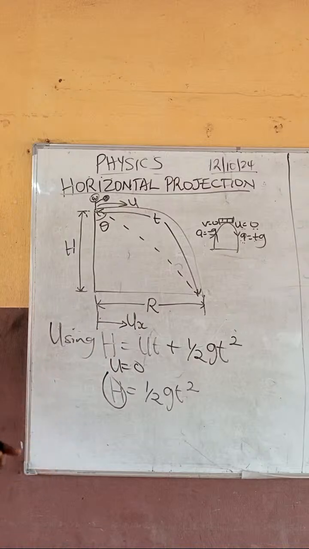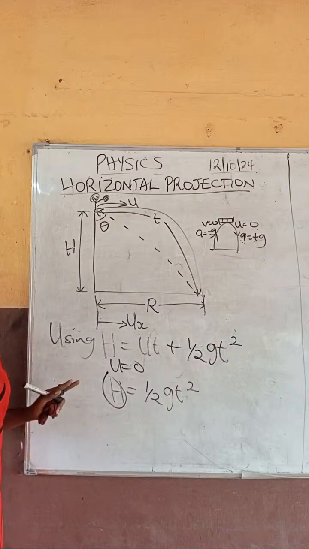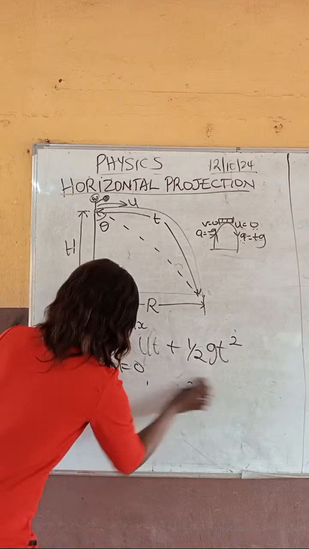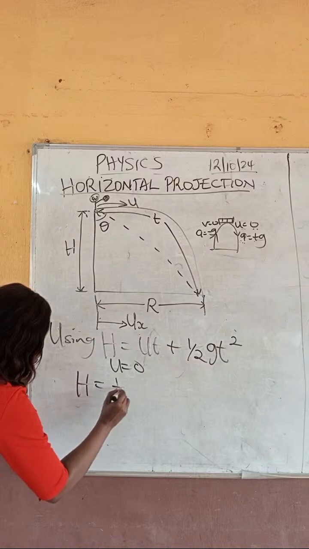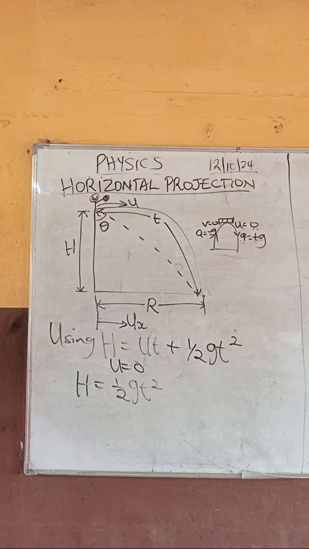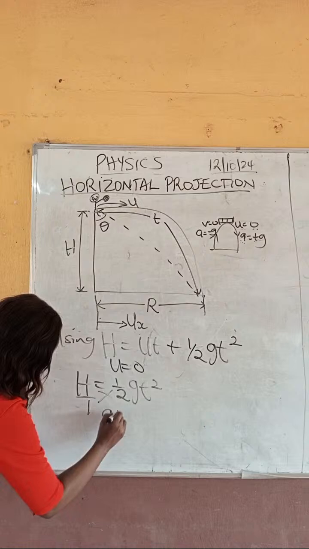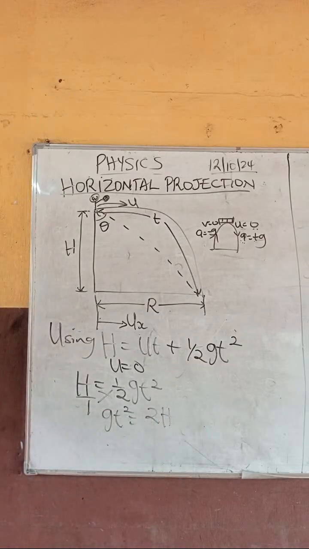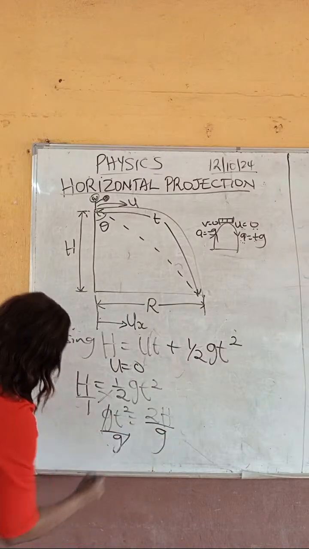There is one other thing we can be asked to find. If you're asked to find time, you can make t the subject with this equation, right? If I choose to make t the subject, I will have h is equal to half gt squared. Now, if I do that, I can say this is over 1, cross multiply: gt squared is equal to 2h. Now I divide both sides by g, I cancel this.